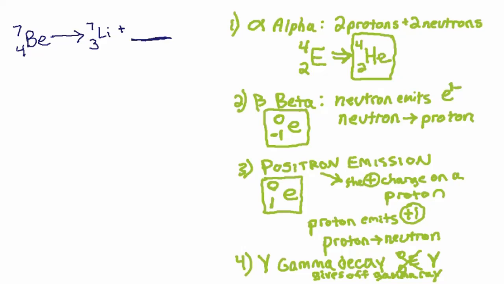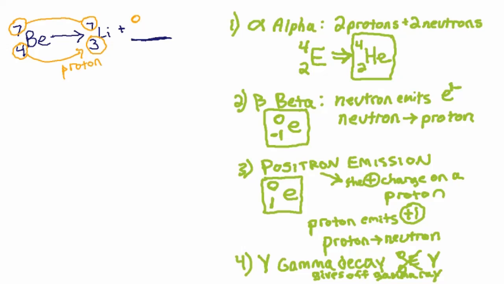So let's look at the differences between the two. We have 7 up here, and we have 7 up here, so there's no change. So since there's 0 change in the mass, we're going to write a 0 up there. But down here we had 4 protons and now we only have 3 protons.